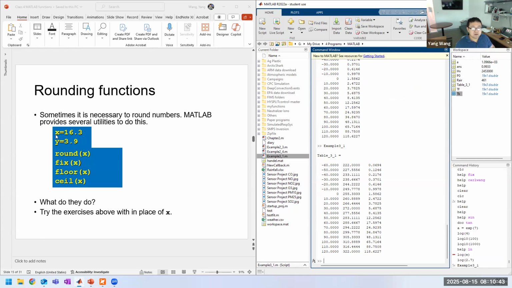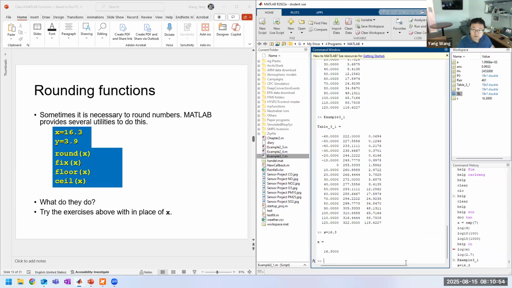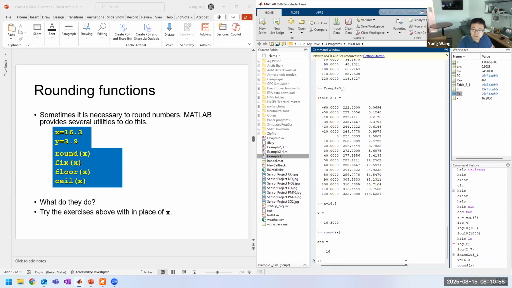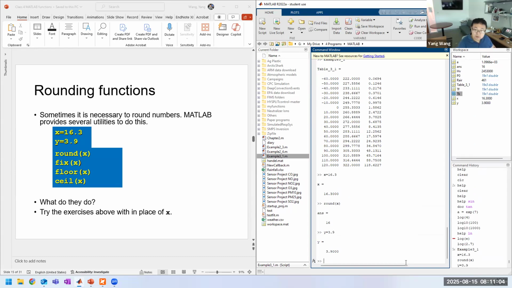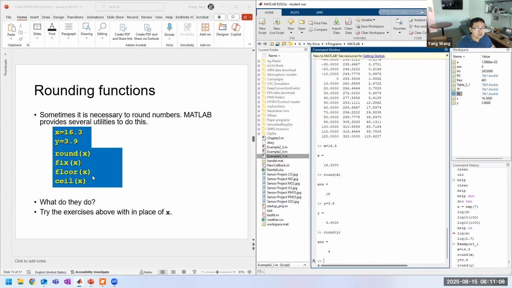So let's say x equals 16.3. If you do round x, you have 16. Let's also define y as 3.9. If you do round y, you get 4, right?